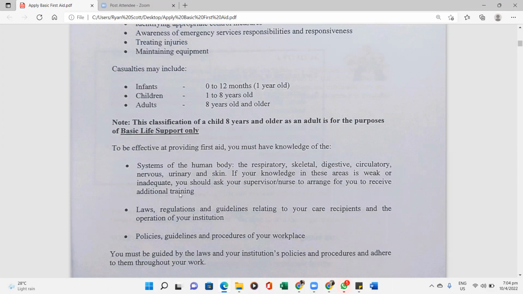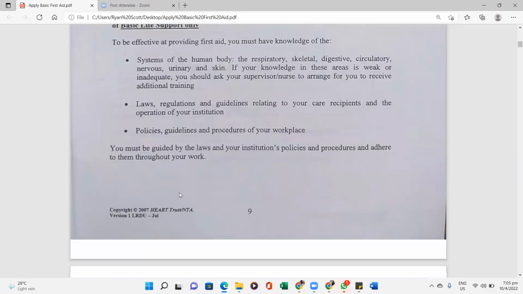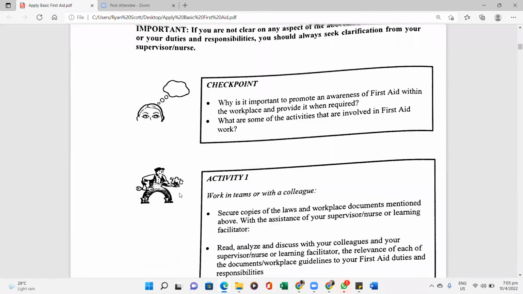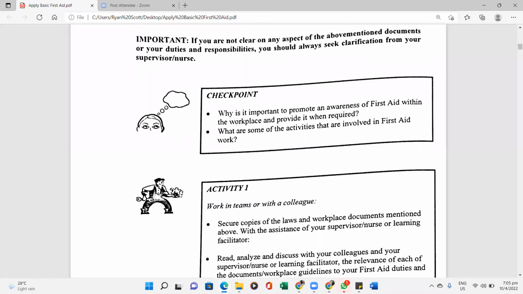You should know the law of the land and what is actually applicable to the place where you're working and the policies and guidelines that support your workplace. All right. Can scroll down. All right, and you can go through these on your own. Scroll down.